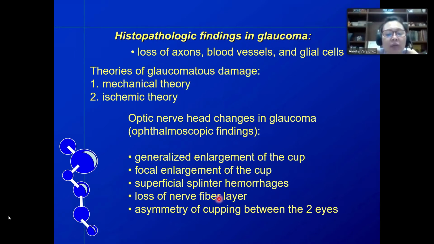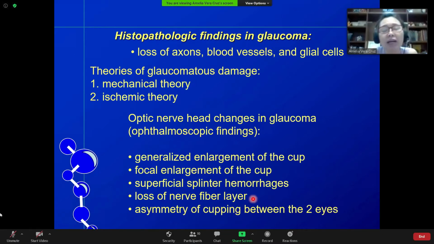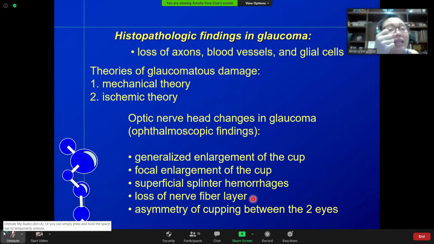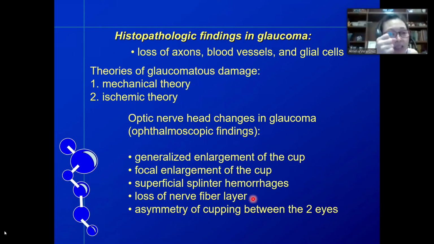Loss of nerve fiber layer. You will appreciate that if you will use the green light in your ophthalmoscope. Normally, if you look at a normal retina, especially in young, less than 20 years old, you will see the striations of the nerve fibers if you use the green light.